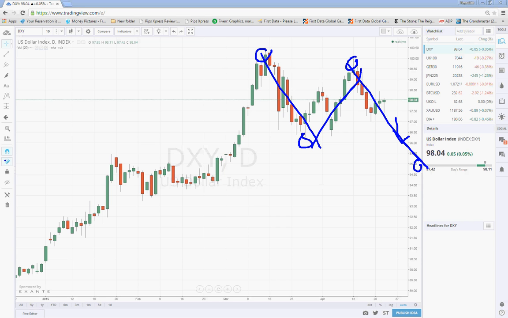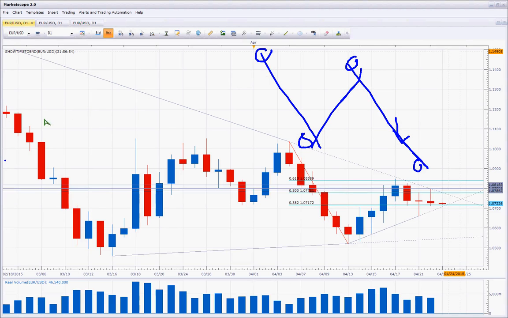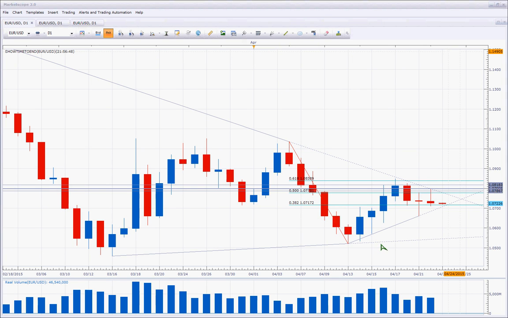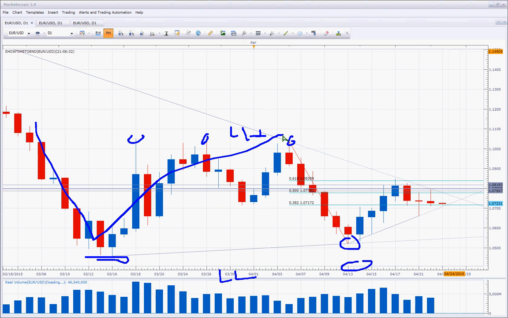Right, let's go through and look at the euro. Same thing. You'll have to ask yourself, if you have a bunch of lower highs, then why didn't they push this all the way down here to create a new lower low? Technically speaking, that's the whole part of the series, but you didn't want to.